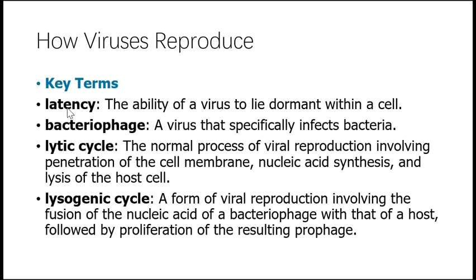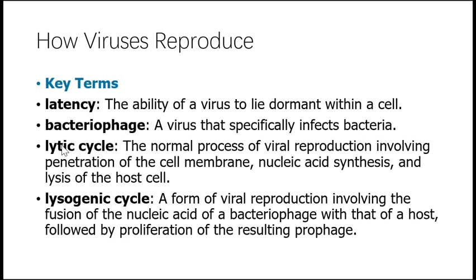So latency happens specifically in the lysogenic cycle. The second term is bacteriophage, which means a virus that specifically infects bacteria. You can actually guess the meaning of the word from the prefix bacterial. That is definitely a bacteria-related word, right?